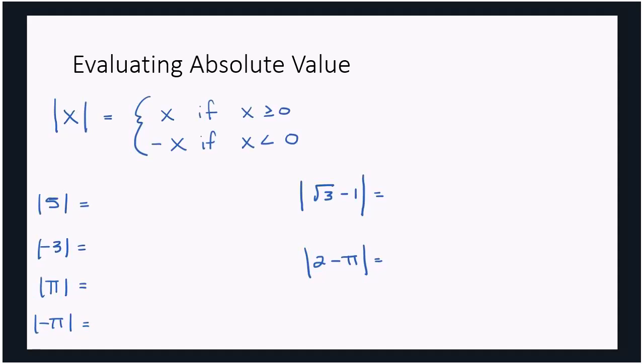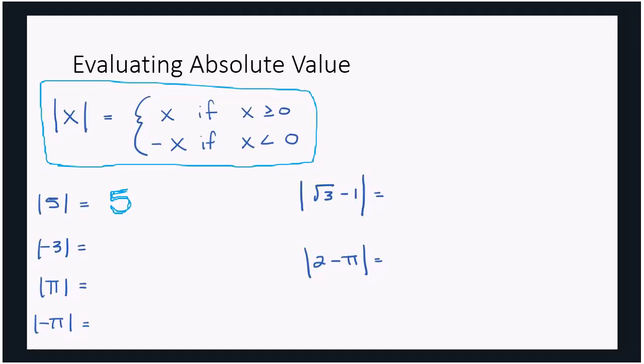It might seem counterintuitive, that definition, and that definition is found in the textbook. So let's look at this first one, the absolute value of 5. First of all, 5 is a positive number. It's greater than 0. So we're just going to leave it as is, so it's going to be 5.